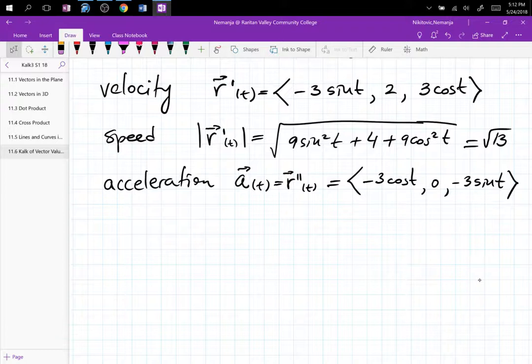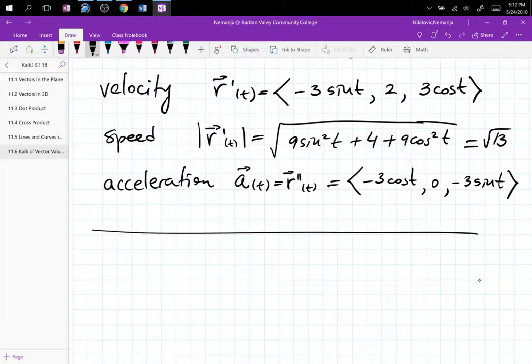If you need to integrate a vector-valued function, you will do the same thing. Now, for integration, please remember that when you do an indefinite integral, you have plus C at the end.